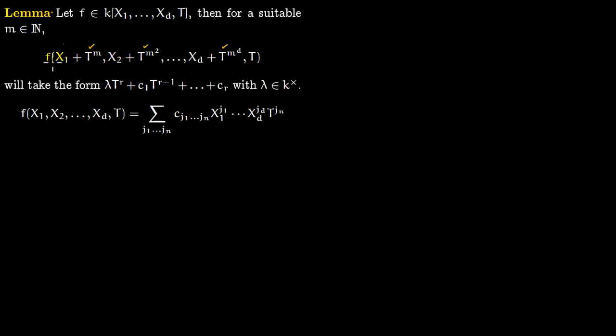So such a transformed polynomial actually will take this form: lambda times t to the r plus c1 times t to the r minus 1, all the way to cr. Now all these c1, c2, c3 could lie in the polynomial ring k[x1 all the way to xd]. This t we are taking out like this, but this lambda lies in the units of k.